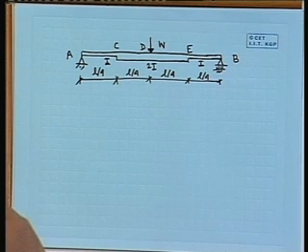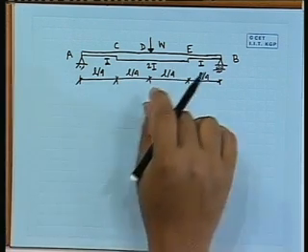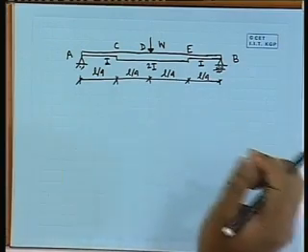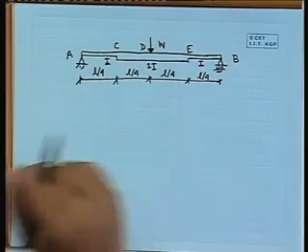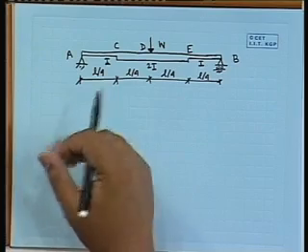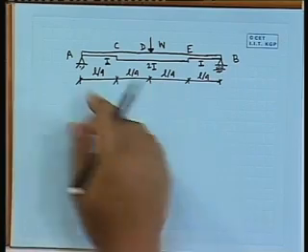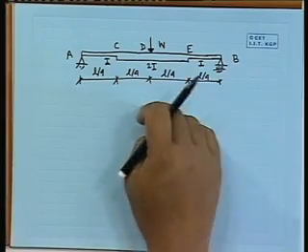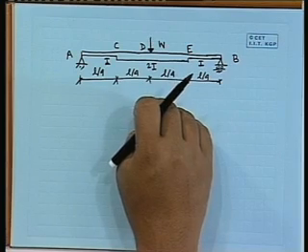So, the load is at the center, and though the cross section is different, it is symmetrically placed. So, slope at A and slope at B will be identical. We are interested in finding out the slope. We may be interested in slope at A, or we may be interested in deflection at the middle point D.